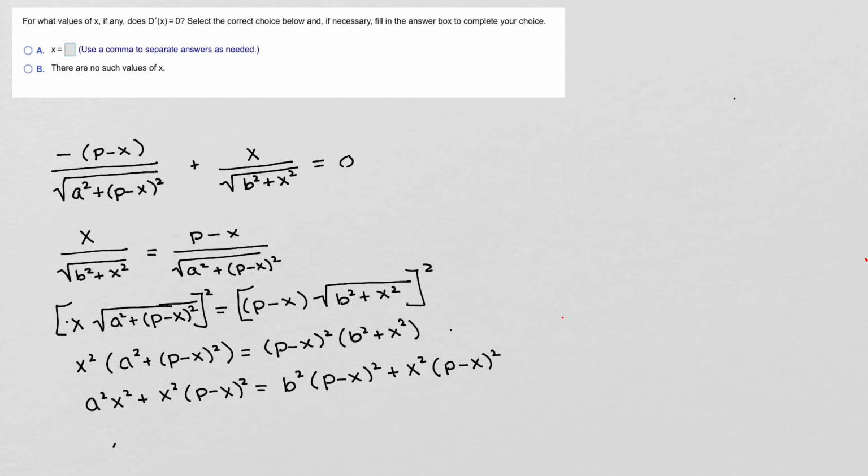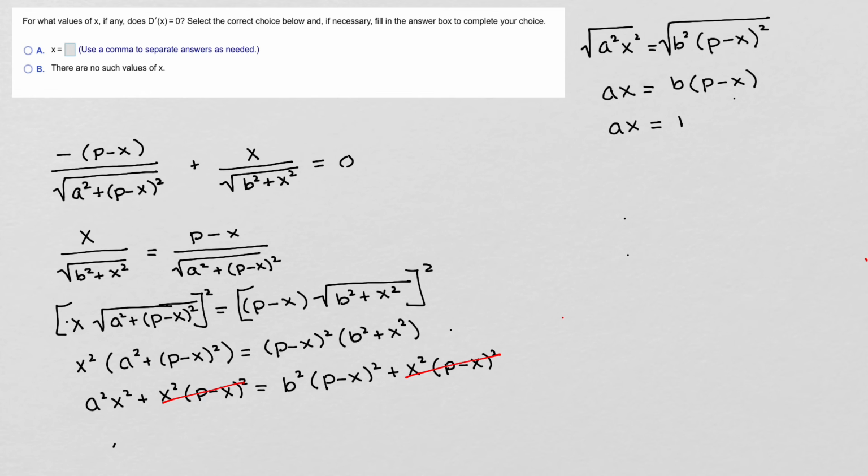Now notice, very beautifully, x squared times (P minus X) squared is the same on both sides, so we can lose those. And that helps a lot, because now I have A squared x squared equals B squared times (P minus X) squared. And now, since everything is squared, I can take the square root of both sides, and I have Ax equals B times (P minus X).